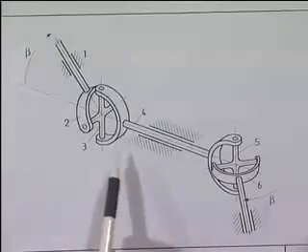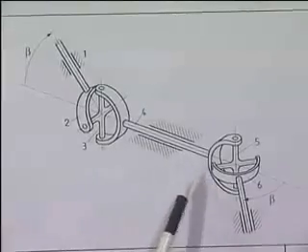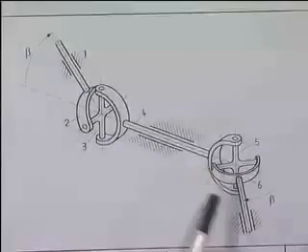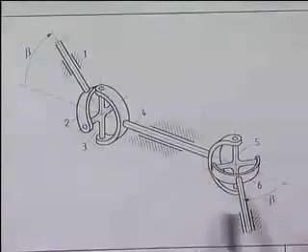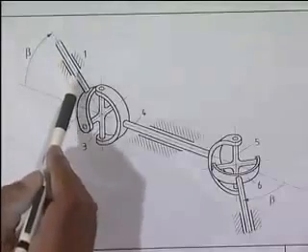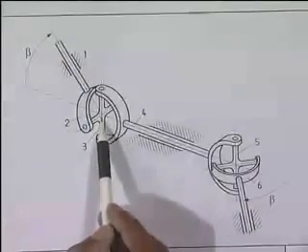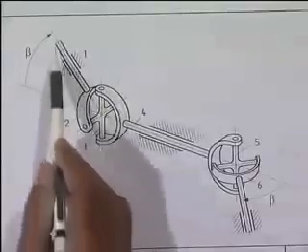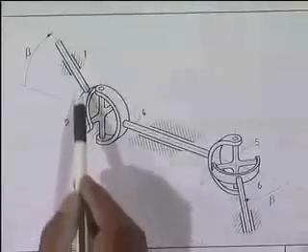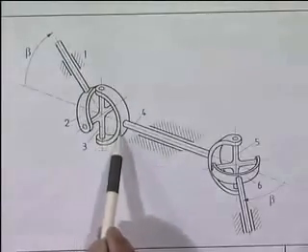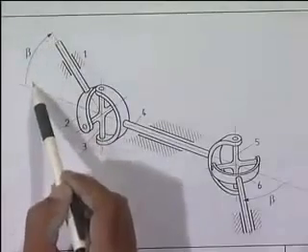This shows a self-compensating Hooke's joint, which is nothing but two identical Hooke's joints in series, having the same shaft angle. Suppose this is the input shaft, which is link number 2, containing this fork. This is the cross arm, and this is the output shaft for this Hooke's joint. One is the frame, 2, 3, 4, and the shaft angle is beta.